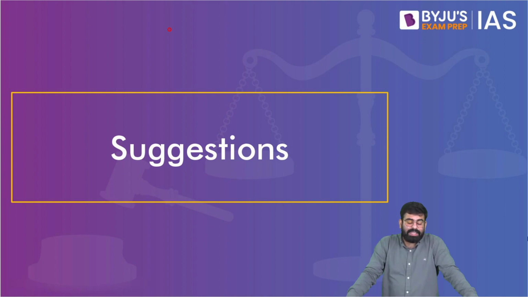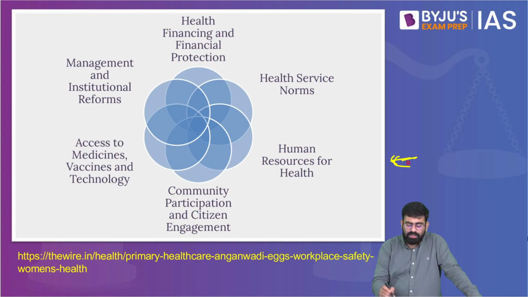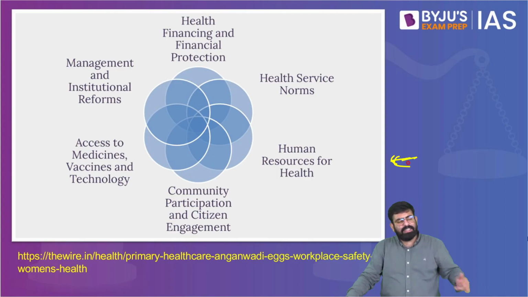They can also ask you for suggestions from various dimensions. They can ask what the suggestions can be to make your human resources for health better. We say that they are unavailable. We say that the patient to doctor ratio, or the doctor to population ratio, is very low in India. How can it be fixed?